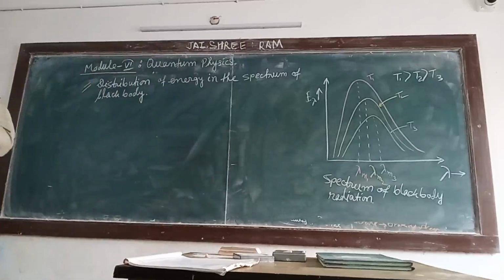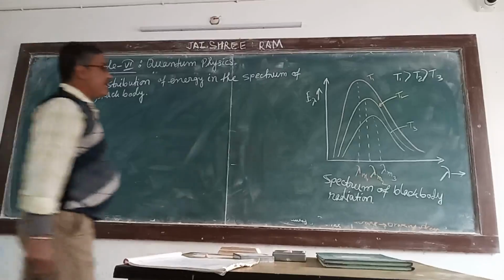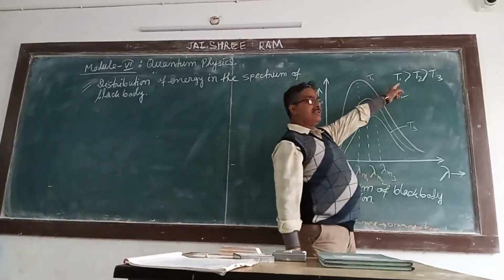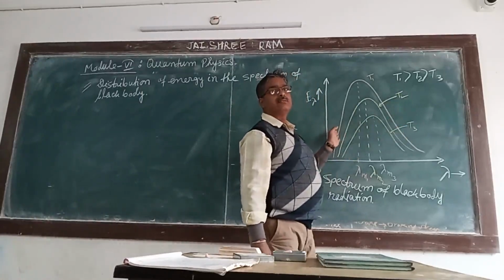It is not the maximum wavelength. It is the wavelength at maximum intensity. Okay? And you can see that as the temperature increases, lambda m decreases.